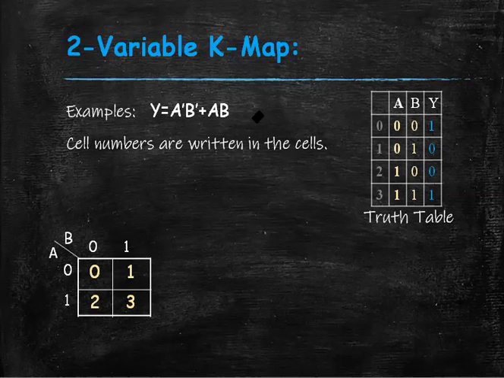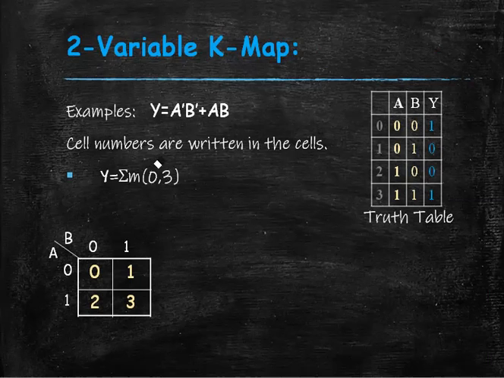It is the truth table corresponding to the given Boolean expression y is equal to a bar b bar or ab. And we can represent this Boolean expression, or the truth table, as an SOP, sum of product.